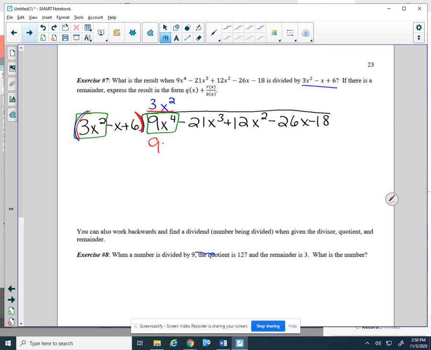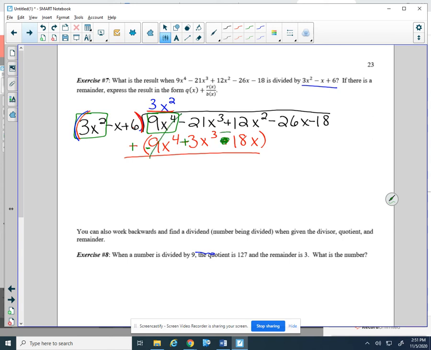So we have 9x to the 4th minus 3x cubed. 6 times 3x squared is going to be plus 18x. So then I put my parentheses around the whole thing, I subtract, and now basically I just have 3 signs to change. So this becomes positive, a negative, a positive, and a negative.